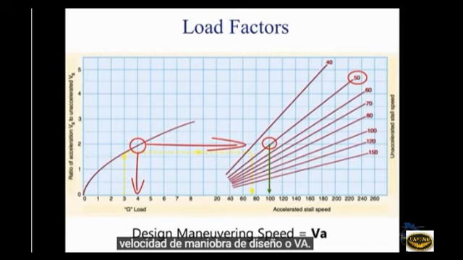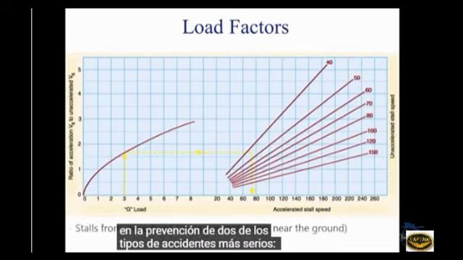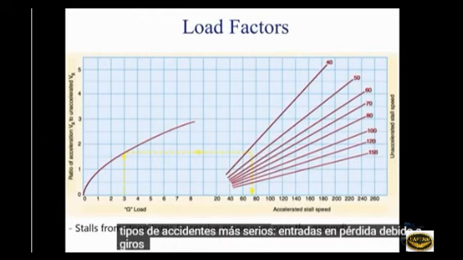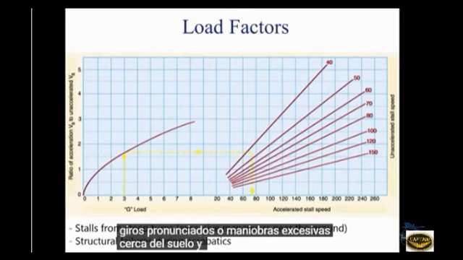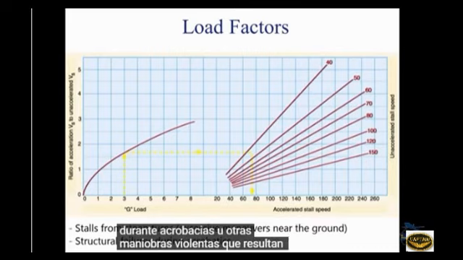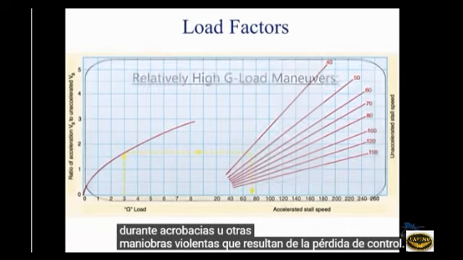A thorough knowledge of load factors induced by varying degrees of bank and the VA aids in the prevention of 2 of the most serious types of accidents: stalls from steep turns or excessively maneuvering near the ground, and structural failures during acrobatics or other violent maneuvers resulting from loss of control.